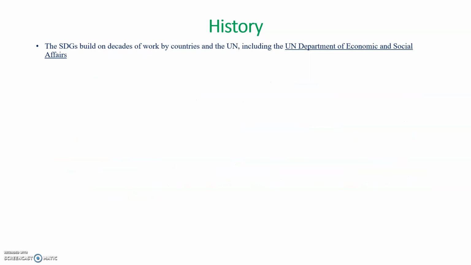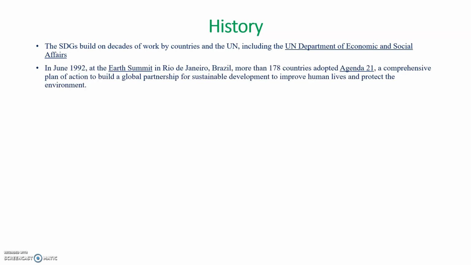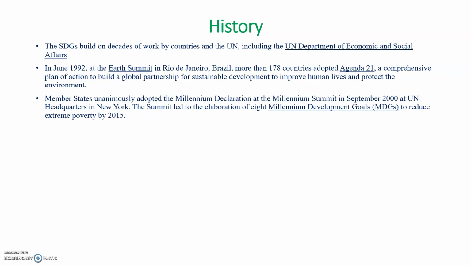The Sustainable Development Goals build on decades of work by countries and the United Nations, including the UN Department of Economic and Social Affairs. In June 1992, at the Earth Summit in Rio de Janeiro in Brazil, more than 178 countries adopted Agenda 21, a comprehensive plan of action to build a global partnership for sustainable development to improve human lives and protect the environment.